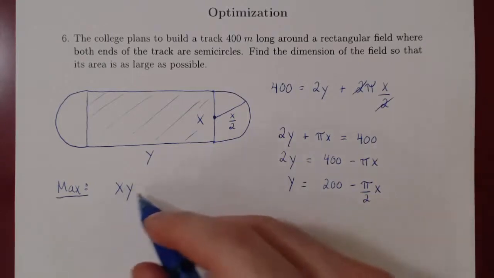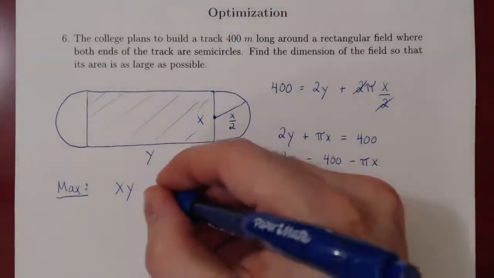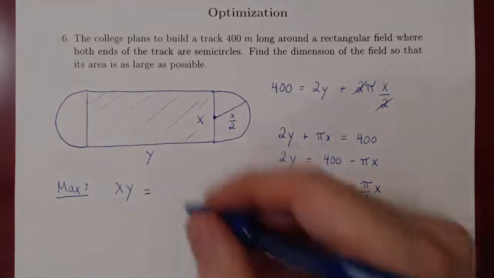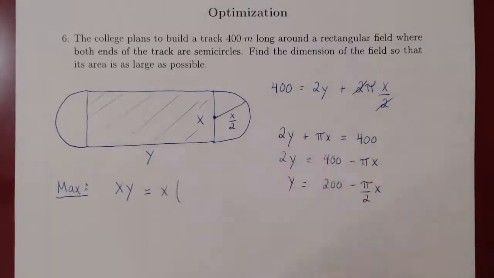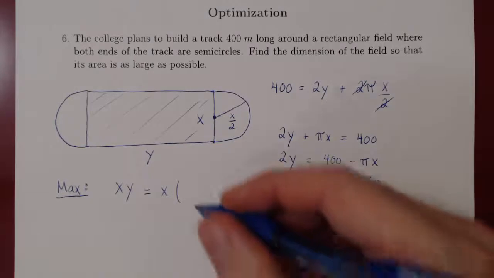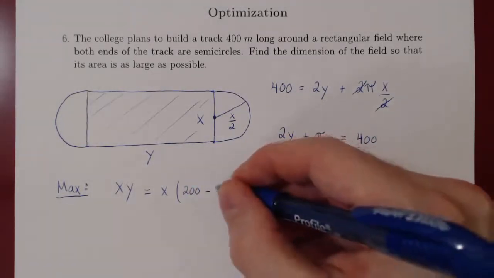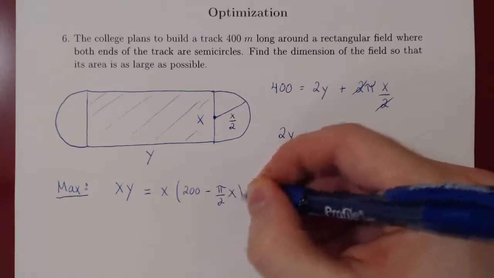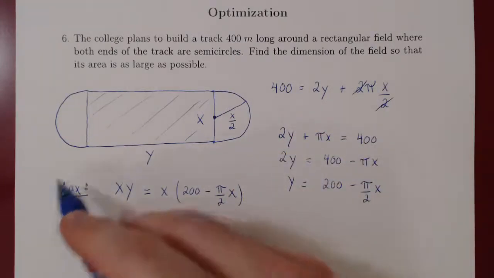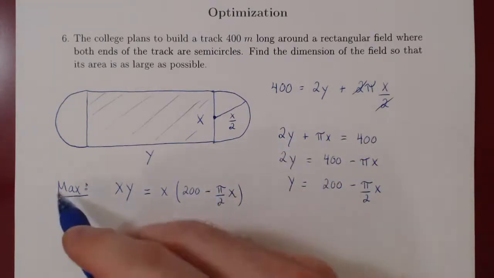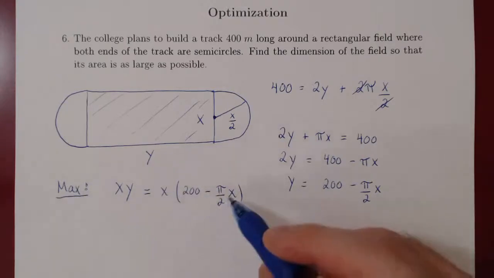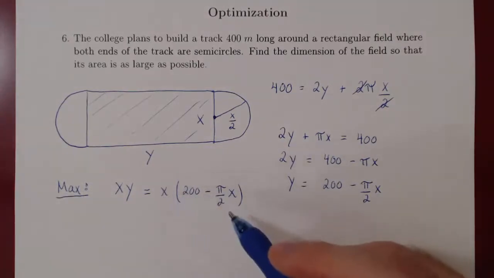So we can now replace in our expression x times y, x times now this, so 200 minus pi over 2 x. And so now we have as our target function, the function we want to maximize, a function of a single variable, x.